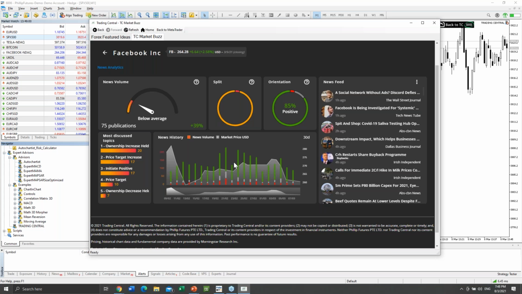On the right hand side, you can see a visualization of price, product, and also the number of publications. So this kind of gives you a trend and overview of how price has been moving in tandem with the industry. Then of course we have a newsfeed specifically curated for this product itself.